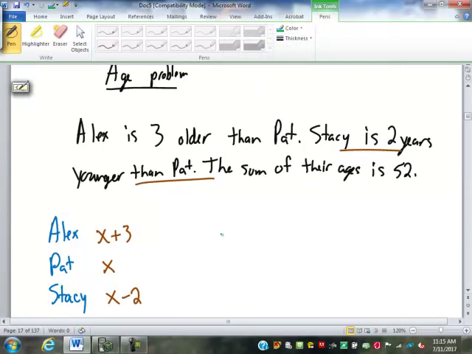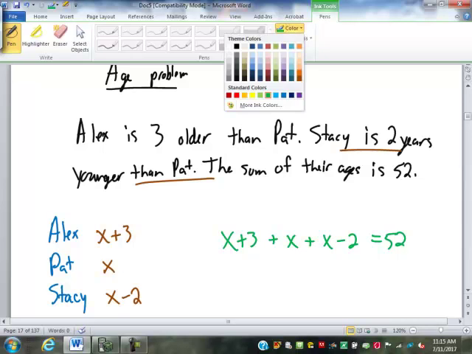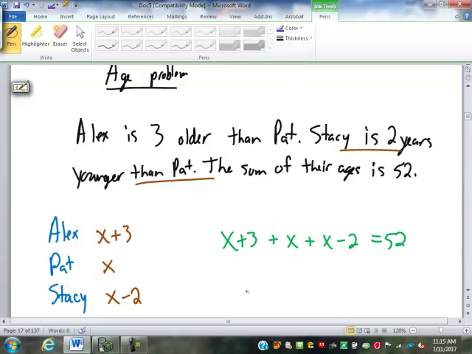So then we've got X plus 3 plus X minus 2 equals 52. What's next? Combine X and X makes 2X, and 3 and negative 2 make 1. So 2X plus 1 equals 52.